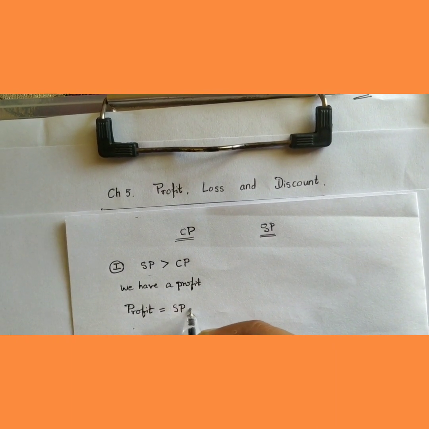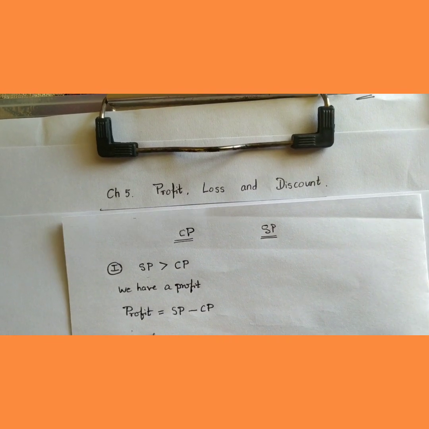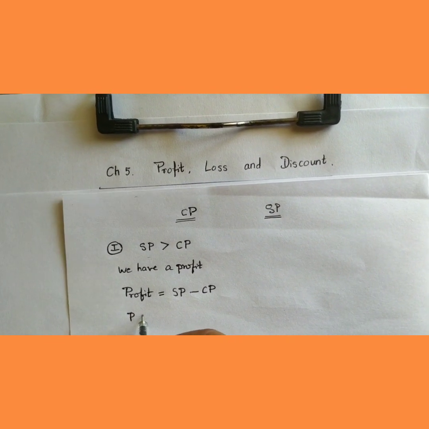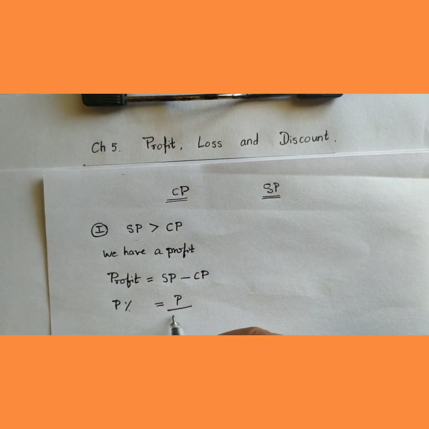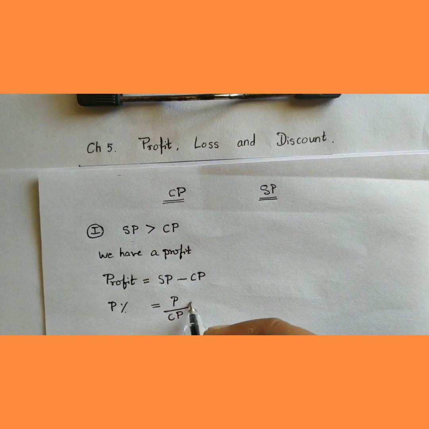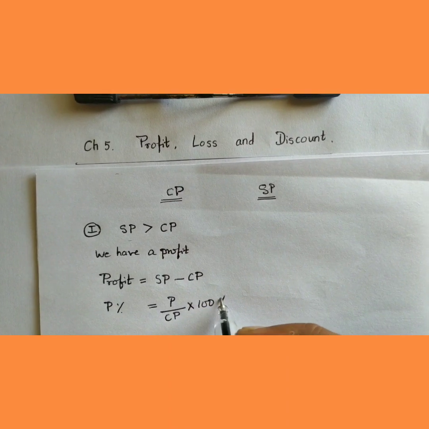And profit is equal to SP minus CP, selling price minus cost price, and profit percentage, profit divided by cost price multiply 100%.